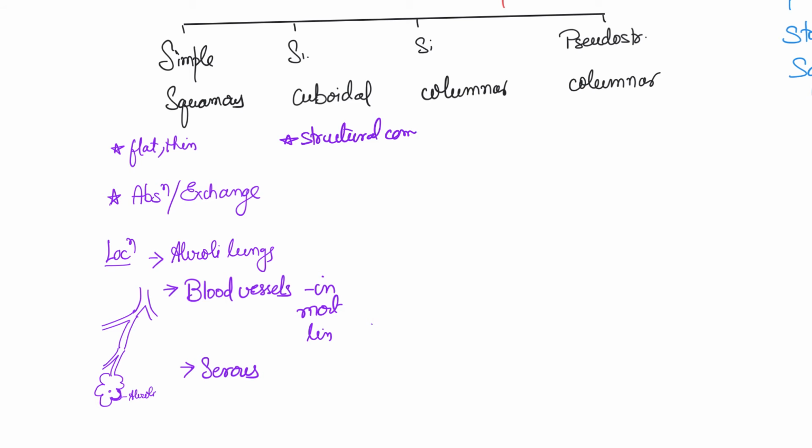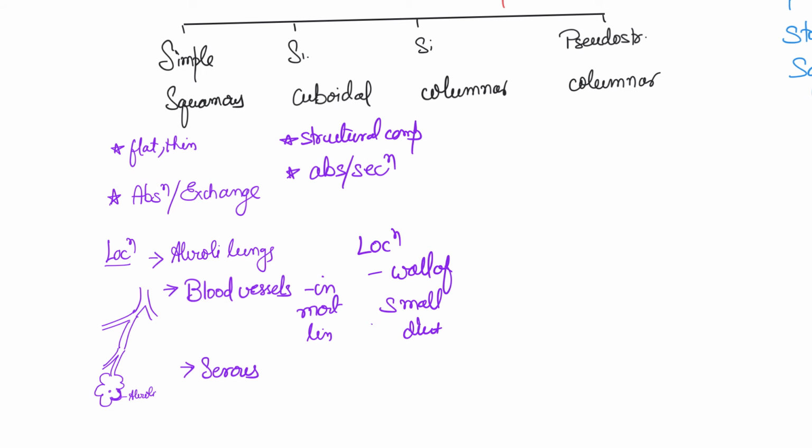They can easily form structural components, and that is why their location is in the wall of small ducts. So you'll find them there. It can also function in some absorption or secretion roles, even that is possible, right?